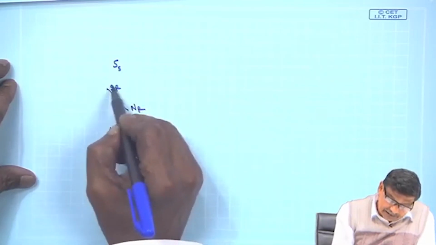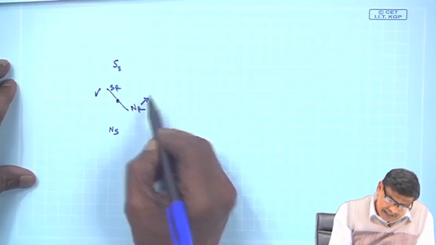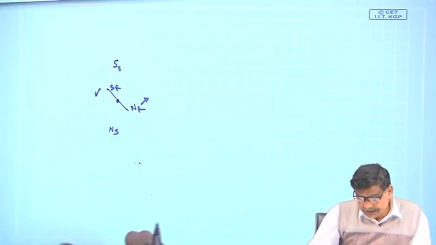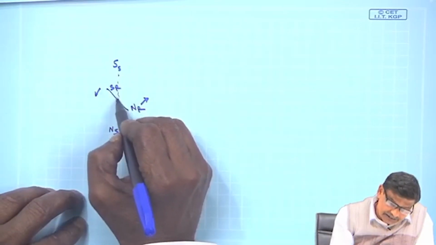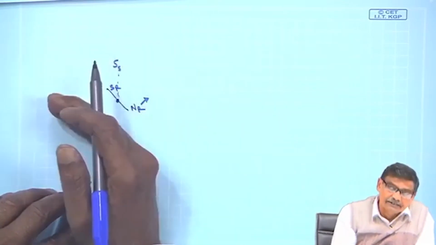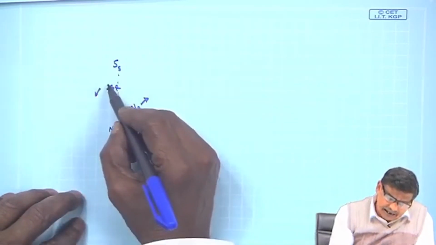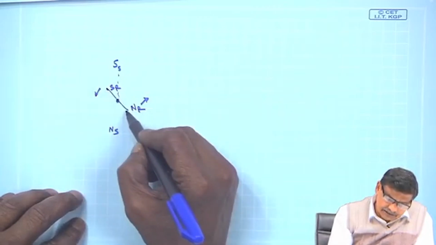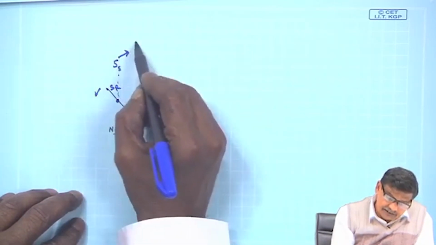So, obviously, at this position it will produce a torque, and it is needless to say that the magnitude of the torque depends upon this angle, how far it is, but nonetheless a certain angle exists between these two, and SS and NS are fixed in space.